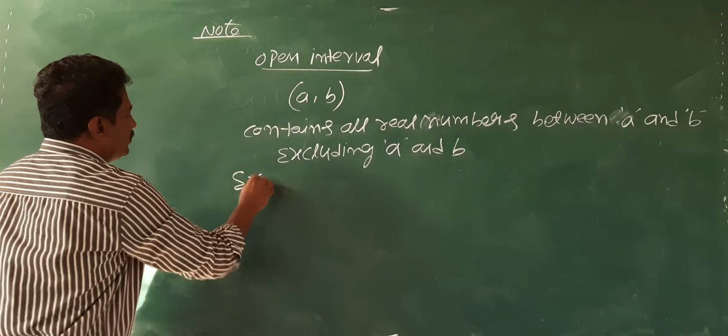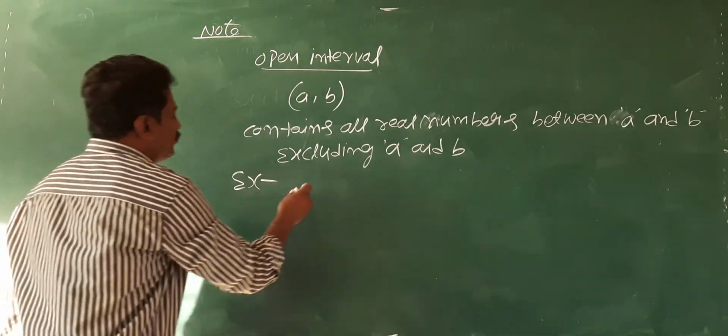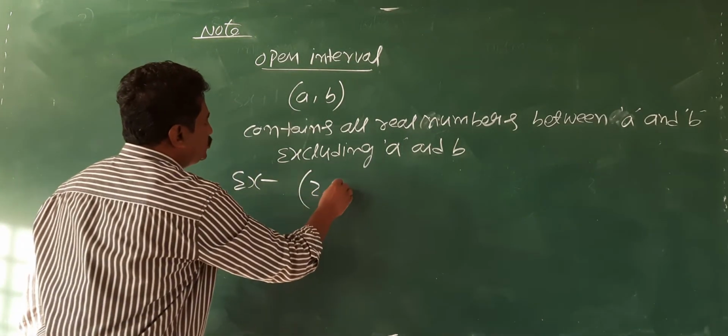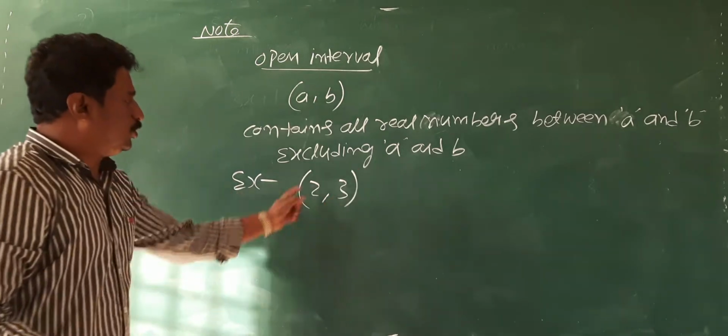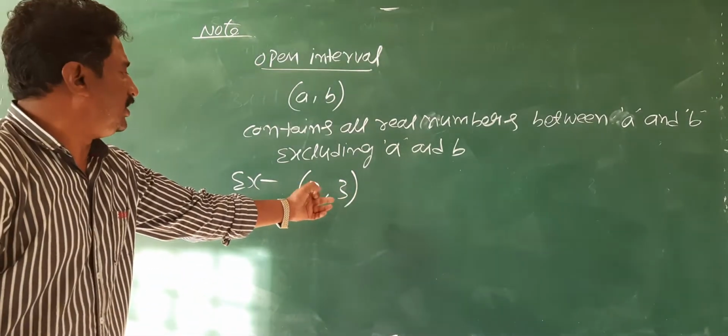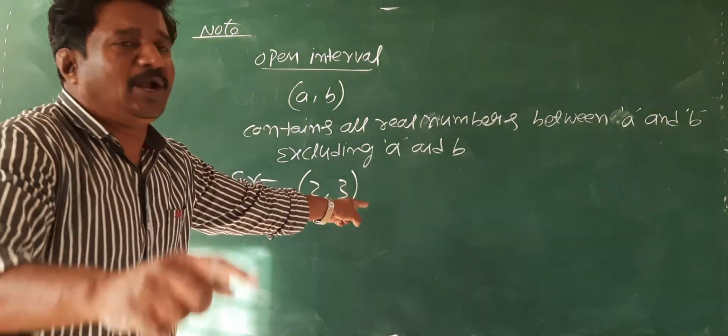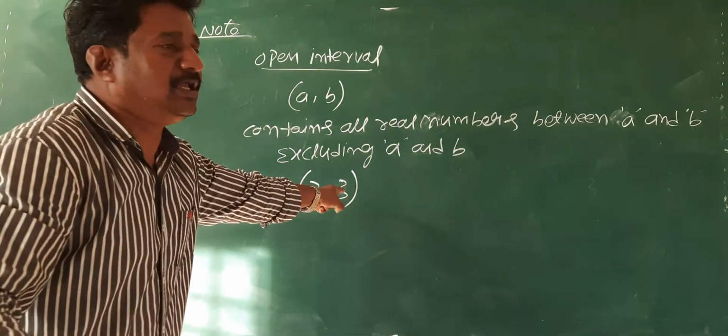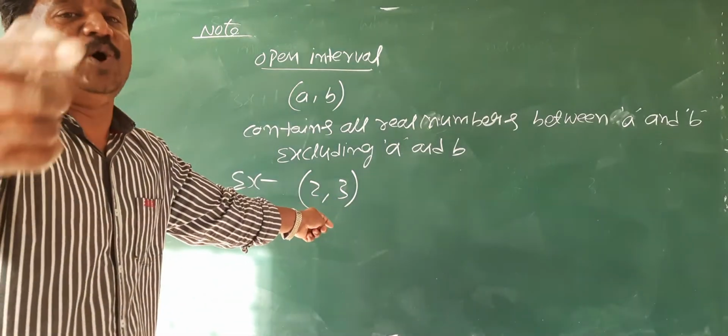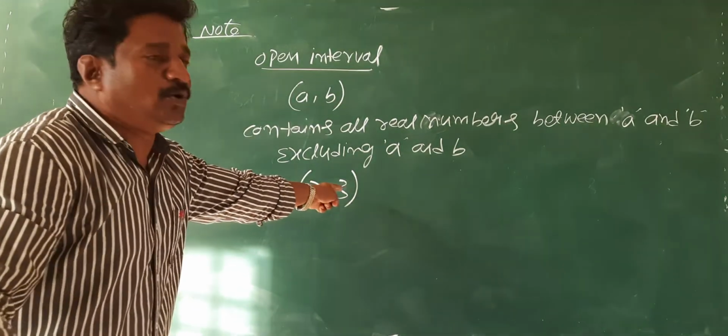For example, if I take this open interval 2 to 3, open interval 2 to 3, this contains all real numbers which are between 2 and 3.